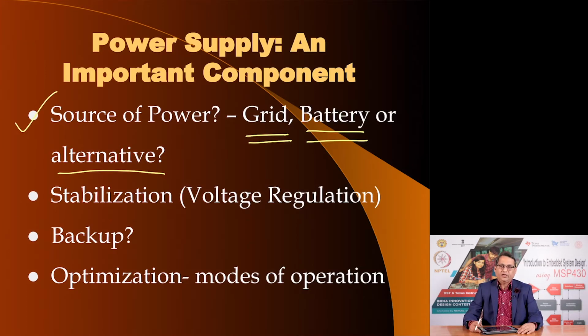Once you decide what is the source of your power, the next question is: is the source of power very stable? Even if it is stable, if it is of a high value, most of the components that make up the embedded system require a low DC voltage, so you must reduce the voltage and ensure that the reduced voltage is stable, that there is no noise on it, and it is not fluctuating.